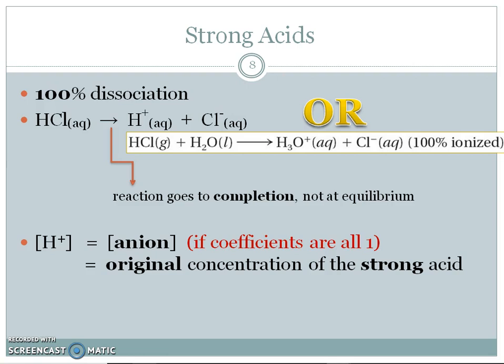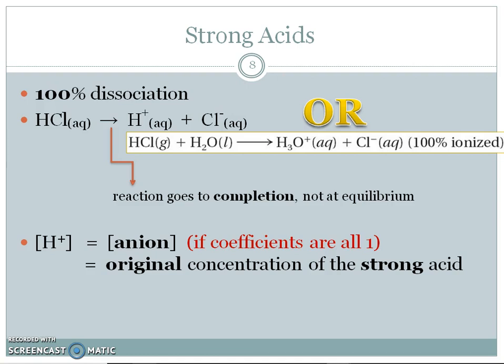So the H plus concentration is going to equal the anion concentration, right? And that should make sense because there's no HCl left. So if you have a 0.1 molar HCl solution, that means you're going to have 0.1 molar H plus and 0.1 molar Cl minus. And it's really nice when all the coefficients are 1.